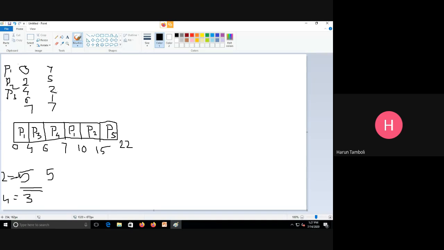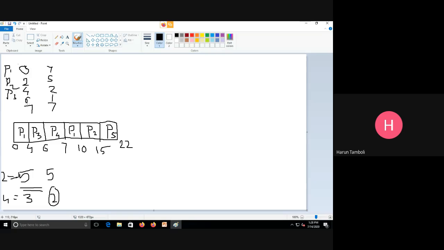P3, the new process, has burst time 2. So compare 3 and 2. P3 with 2 has the shortest burst time. So as per the algorithm, shortest remaining time first, it will allocate P3. So P3 gets allocated at the 4th second. Okay, so P3 started execution.